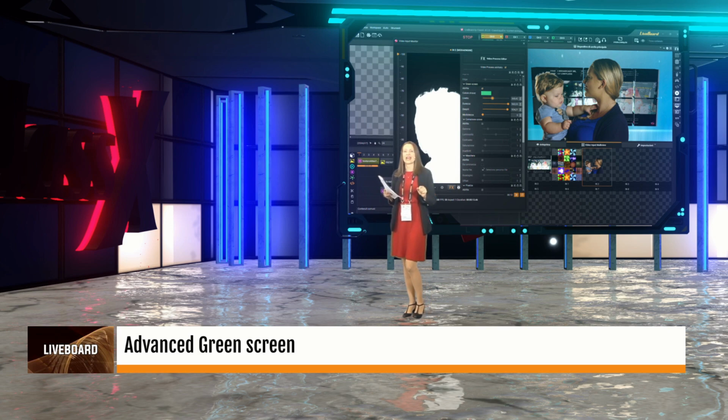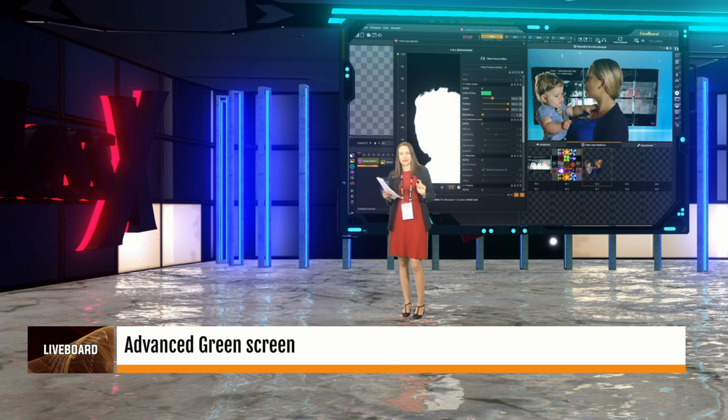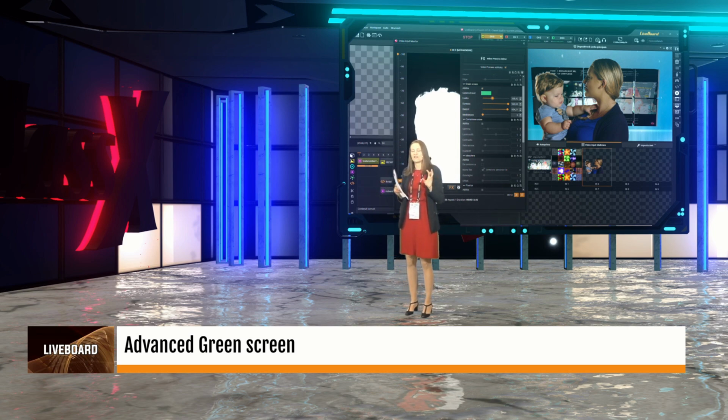So remember, you can chroma key away any color picked inside a video input, whether it be SDI, NDI, or the other ones that we have available, among them also the Media Engine, the new one. And you can color pick, but then you also have a number of fine-tuning settings that you can use in order to obtain a very good quality chroma key.